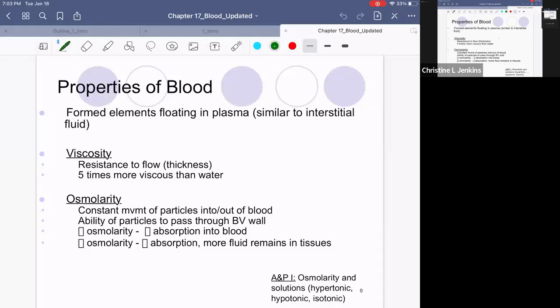Why is this so bad? That's the big one. Why this is bad is because it does decrease flow. So it will make the blood flow harder.